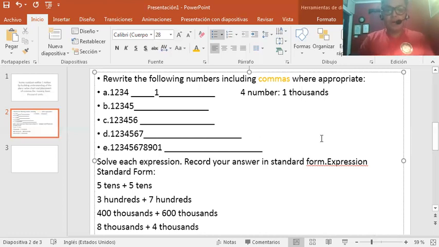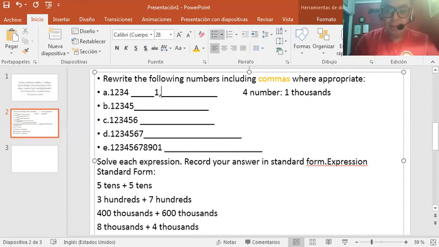So here we can see, to identify where the comma is going to be, when we're talking about 1,000 up to 9,000, we need to add the comma after the first number.